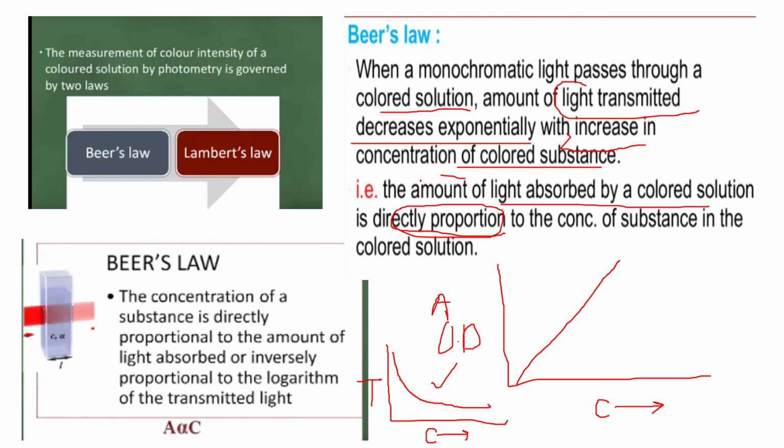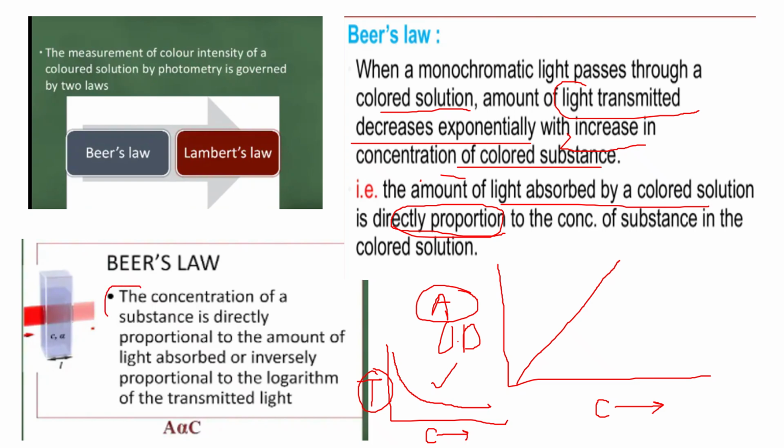And you can also say that the absorbance of a substance is inversely proportional to the transmittance. This interpretation can be drawn from Beer's law.